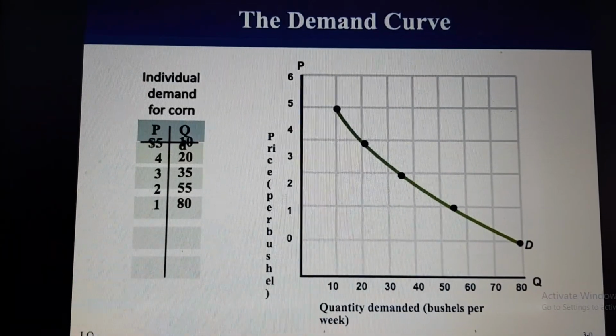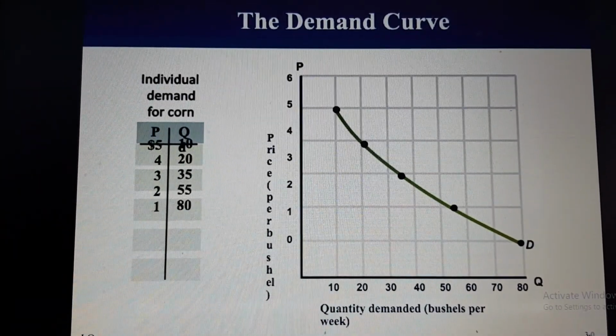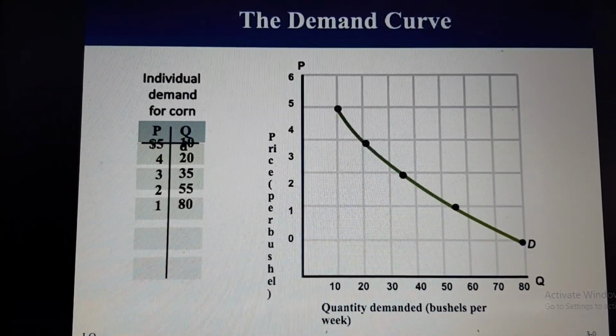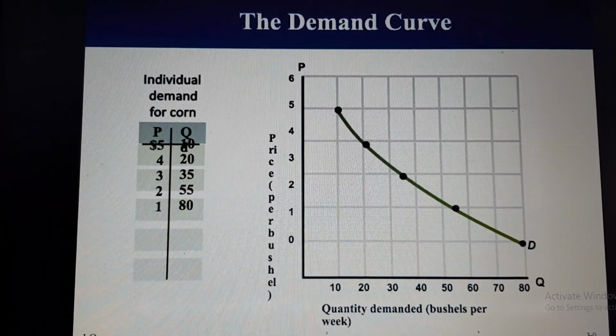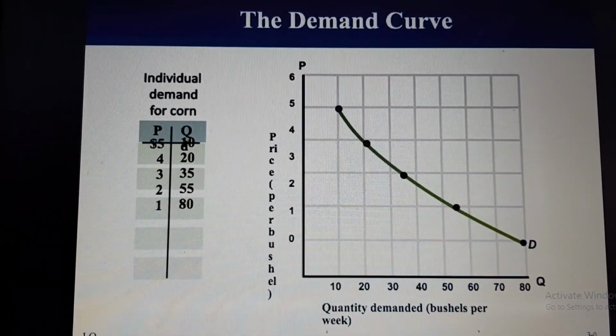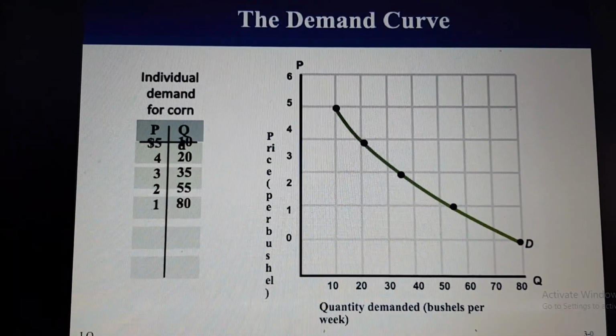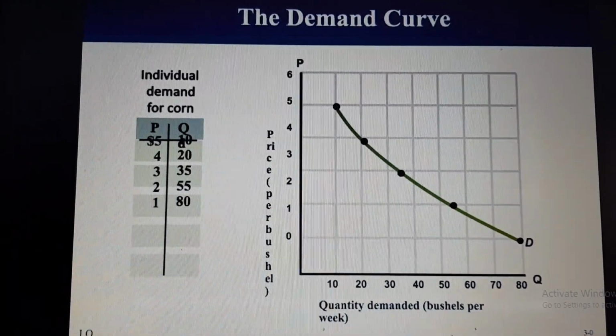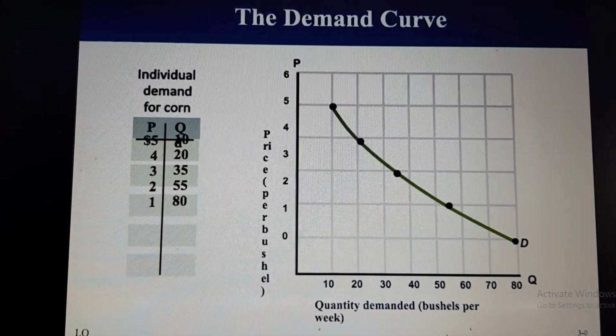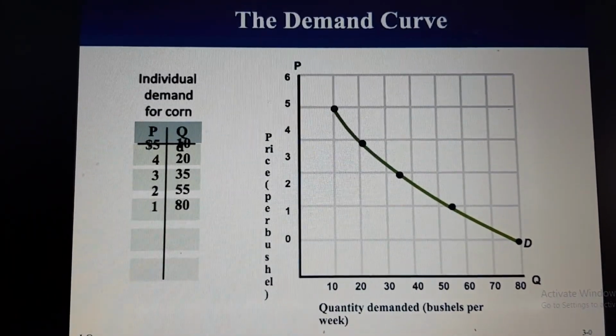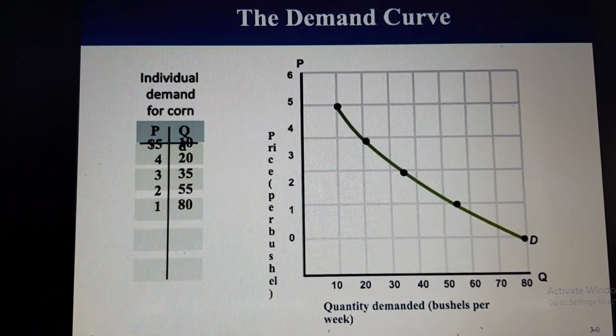Okay, so on the left we have the demand schedule. So this is an individual's demand for corn. So at $5, I would buy 10 bushels a week. At $4, I would buy 20 bushels. At 3, I would buy 35 bushels. At 2, I would buy 55 bushels. And at 1, I would buy 80 bushels.